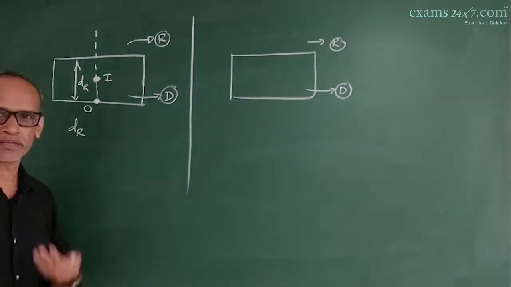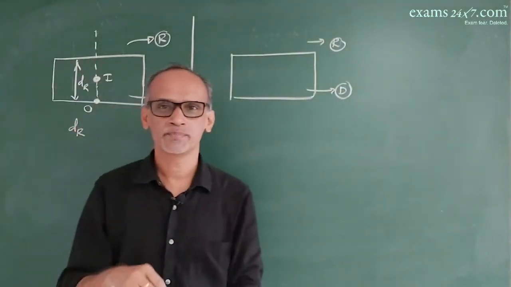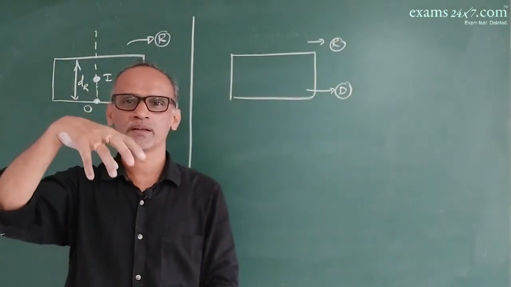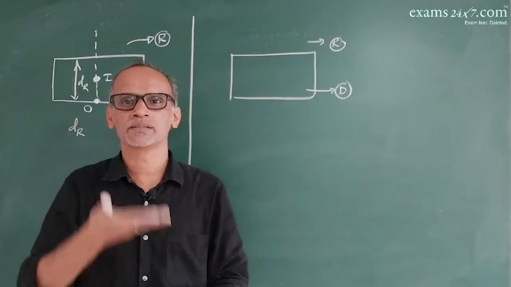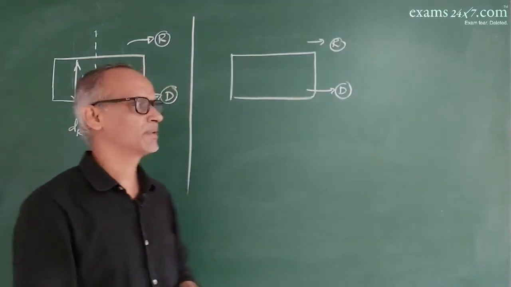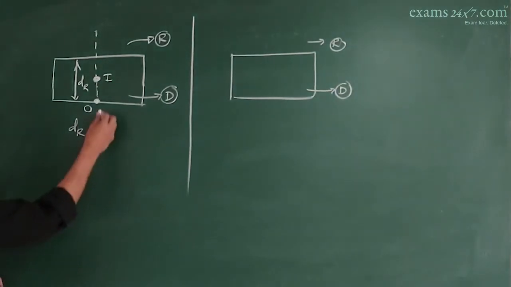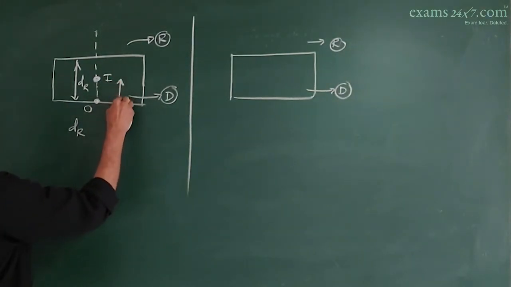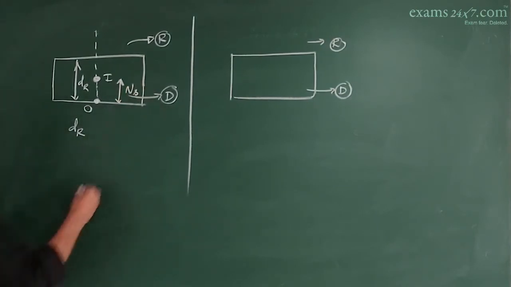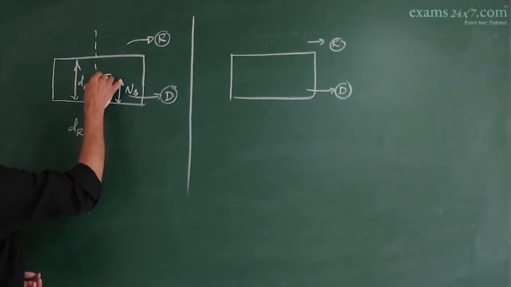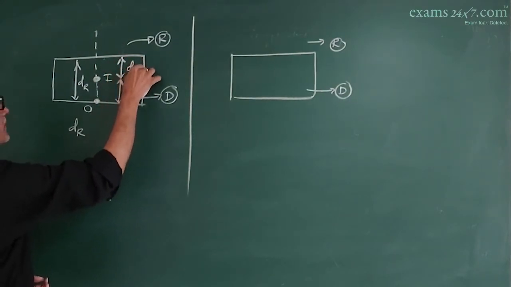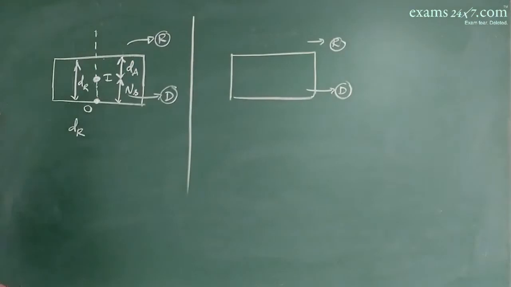This phenomenon where an object in a denser medium, when viewed from the rarer medium, appears to be raised by a certain distance, that shift is called normal shift, and the phenomenon is called normal refraction. So here this is normal shift ns. And now from the interface to the position of the image, this is called the apparent depth, dA.